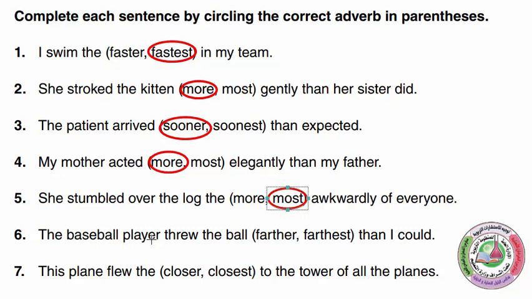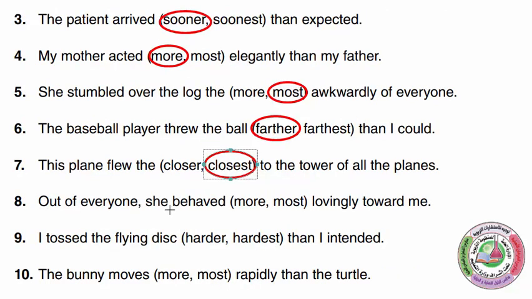The baseball player threw the ball than I could. The baseball player and I, farther. This plane flew to the tower of all planes. It flew the closest. Out of everyone, she behaved lovingly toward me.